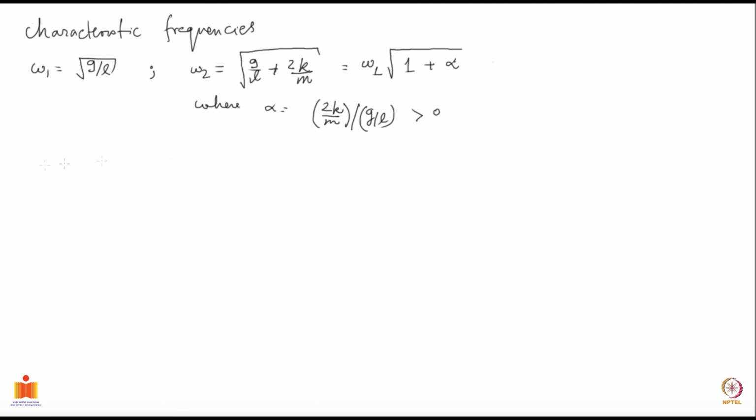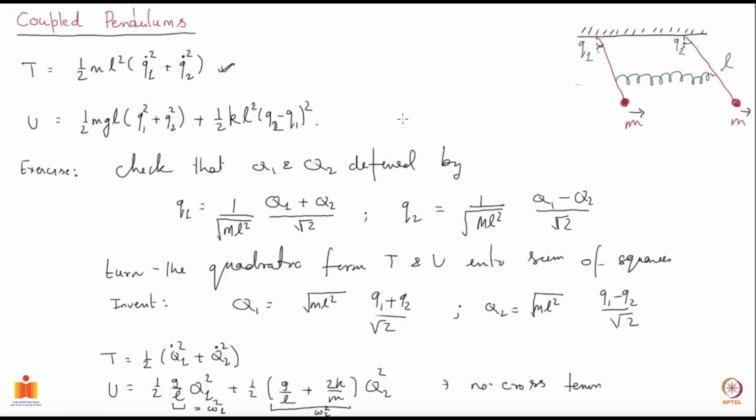Now let's write it down anyway, whatever I have said. So mode 1: omega 1 is square root of G over L. That's our mode 1, which means that my Q2 is 0. Of course, this is not active, so the frequency of this one is what I am writing down.